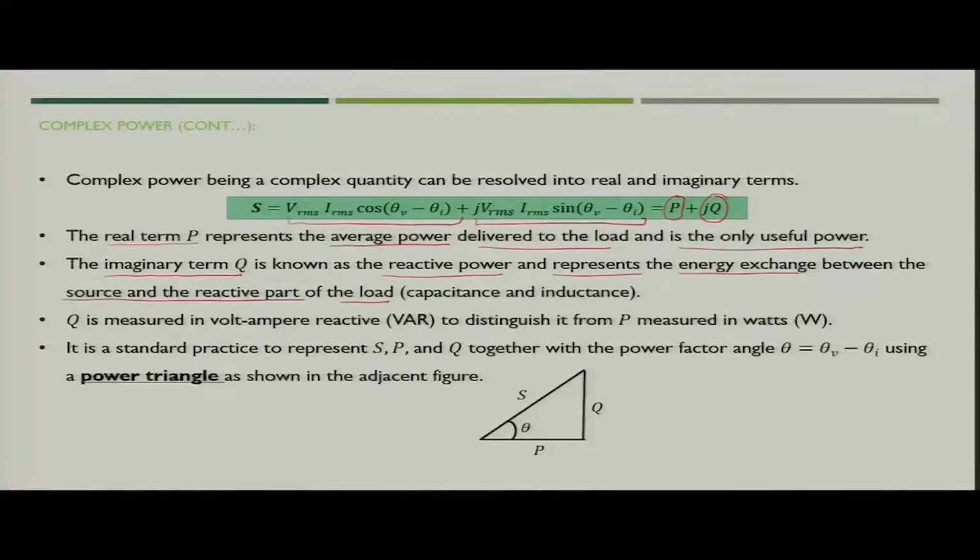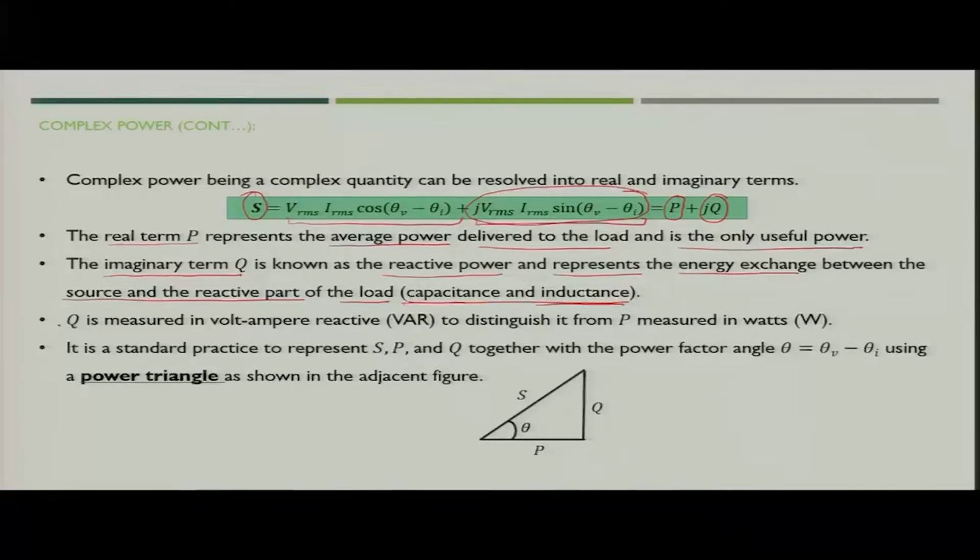If you see the equation, reactive power would not contribute to the overall power calculation when you have only a resistive load, because in this case theta v minus theta I becomes 0 and sin 0 is 0. So, in that case you will have only the Vrms Irms term for a purely resistive load. Similarly, for purely capacitive and inductive loads, you will only have the reactive power term.